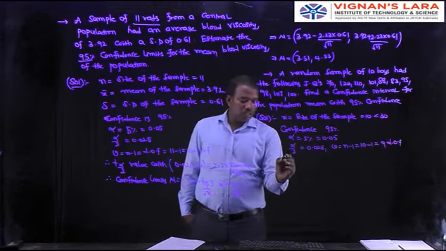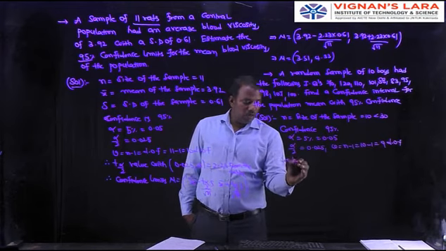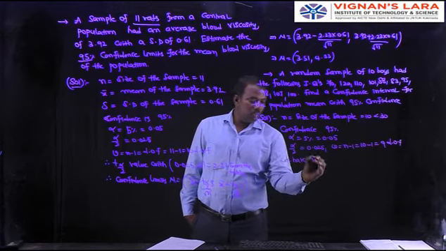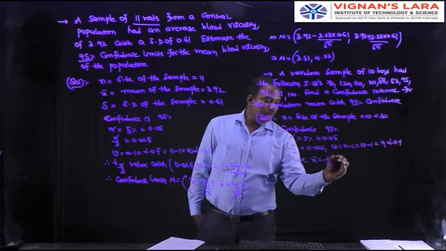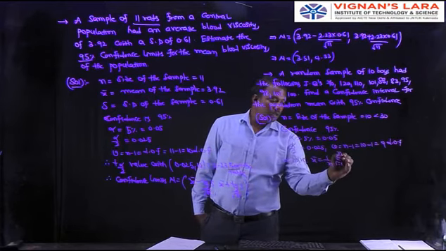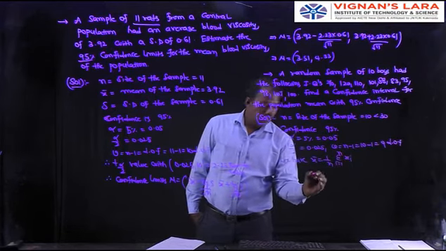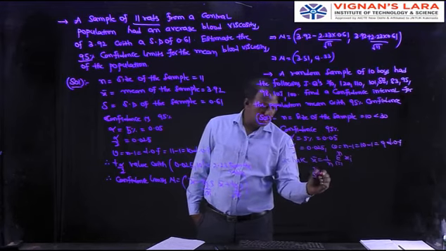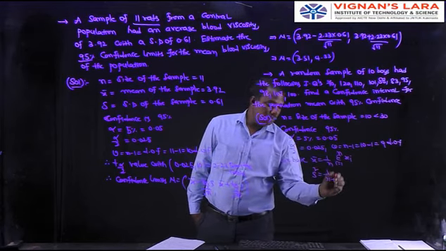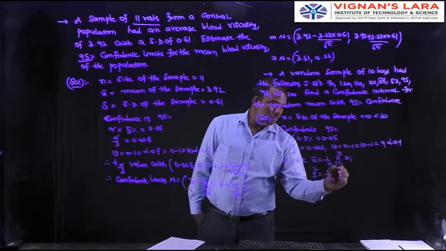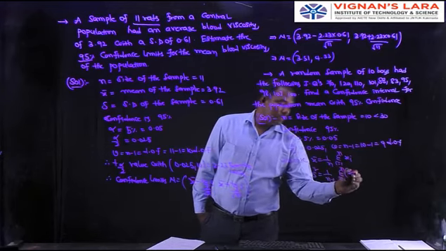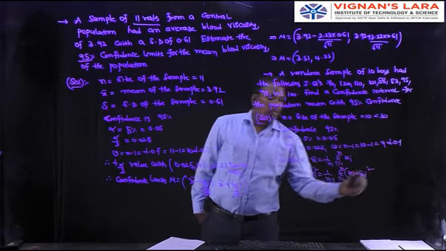And to calculate the value of x bar and s, we have x bar is 1 by n, sigma i equal to 1 to n, xi, and the calculation of s square is 1 by n minus 1, sigma i equal to 1 to n, xi minus x bar whole square.